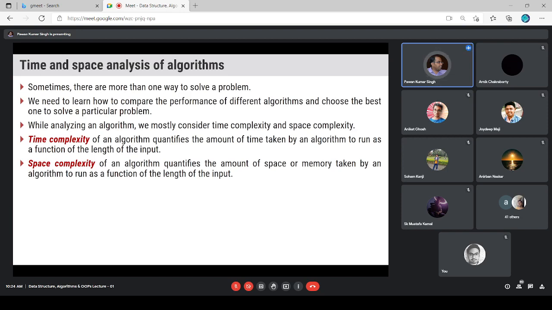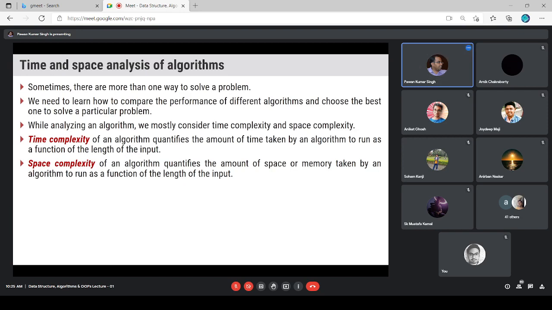So how would you say which algorithm is the best, or which one is performing better? There are multiple different algorithms existing. You have also learned in your subject, suppose take a problem of a C program.